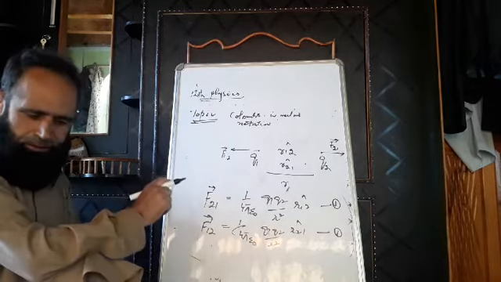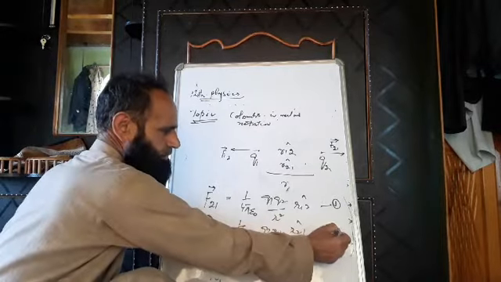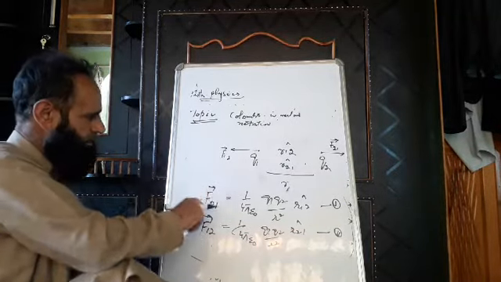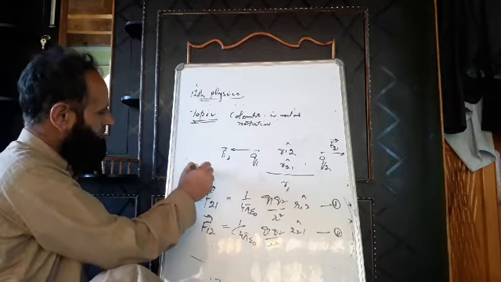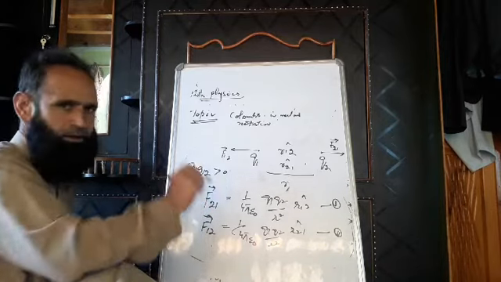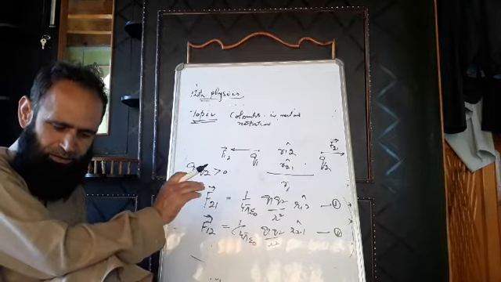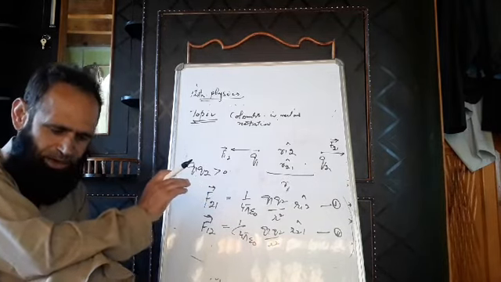Okay, this is when the charges are like charges. That means the charges are like and the situation is Q1 into Q2 is greater than 0.